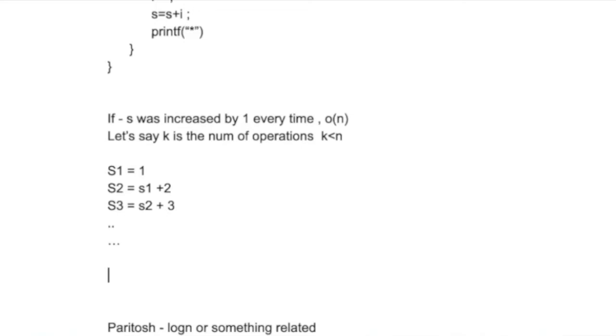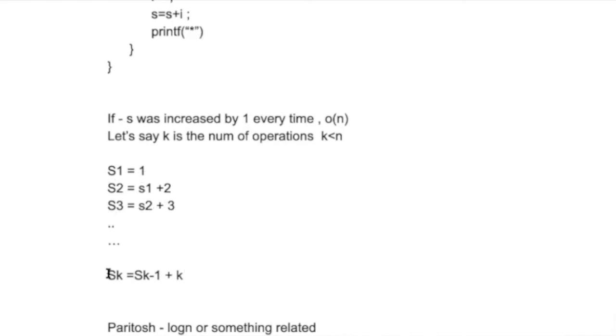So suppose at the kth time the value will be s of k. S of k, which is the value of s at the kth time, I can write as s of k minus 1 plus k, because s3 is s2 plus 3, and s2 is s1 plus 2.